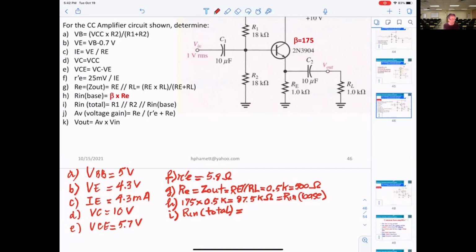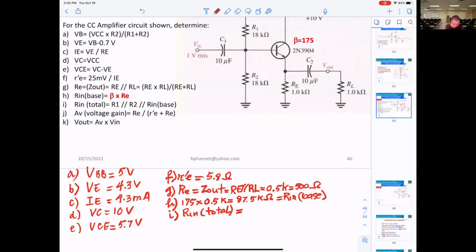So whoever gets the answer, let me know. What did you get? 8.16 kilo ohm.